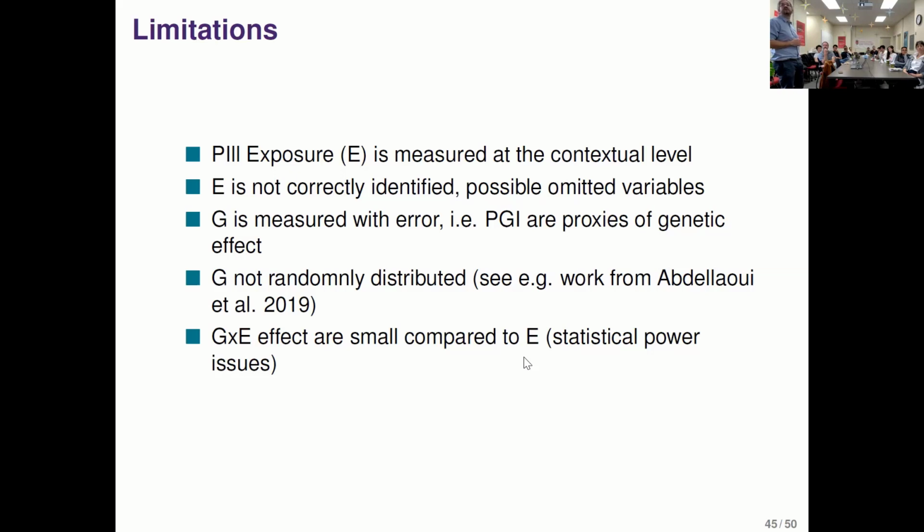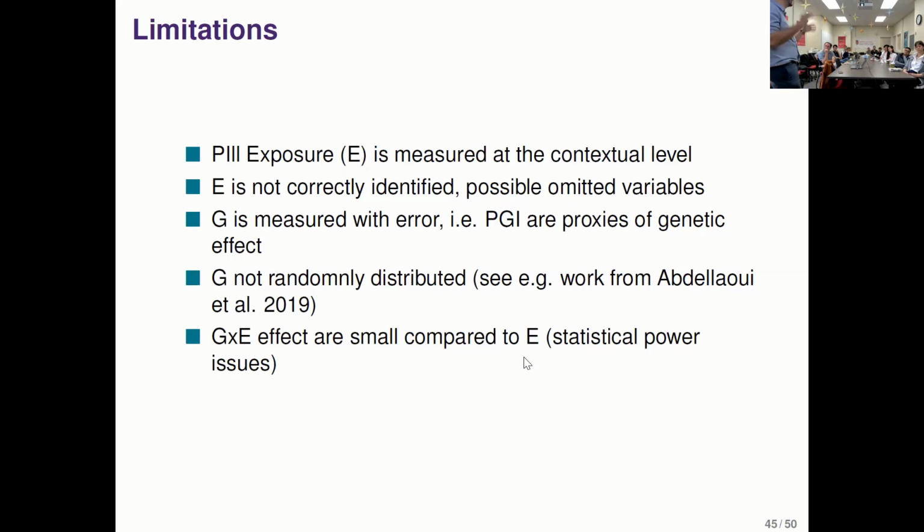Another problem: G is also measured with error, as it's a proxy of the genetic effect. There might be other effects, so we can include other PGIs, or apply some sort of measurement error correction. Also G is not randomly distributed.